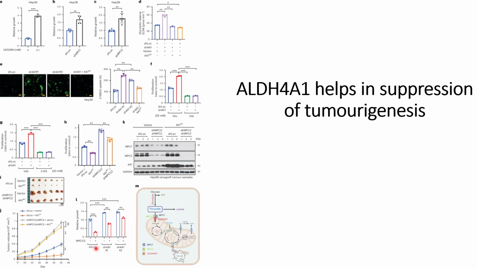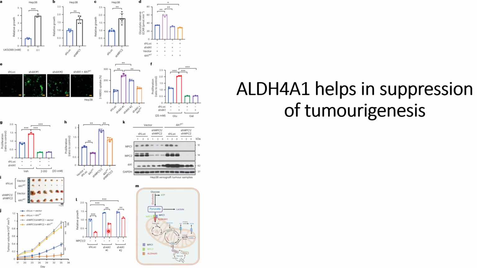Here the results for ALDH4A1 overexpression are not shown, but the case where ALDH4A1 is knocked down is shown, and when MPC1 and MPC2 are overexpressed. So when all three are present they see minimum growth compared to the case where any one of them is absent or knocked down.